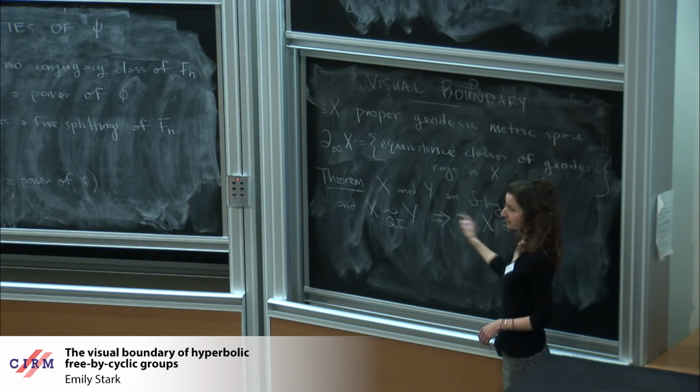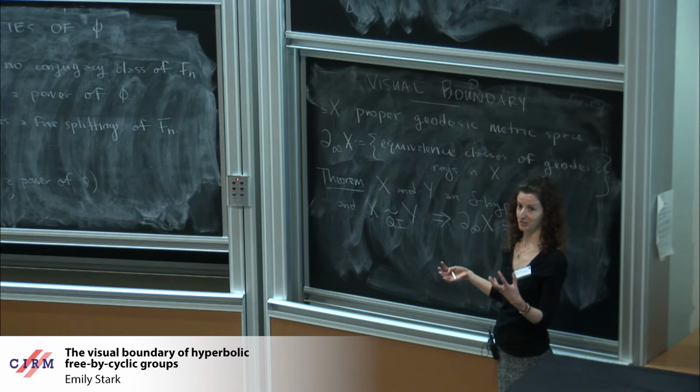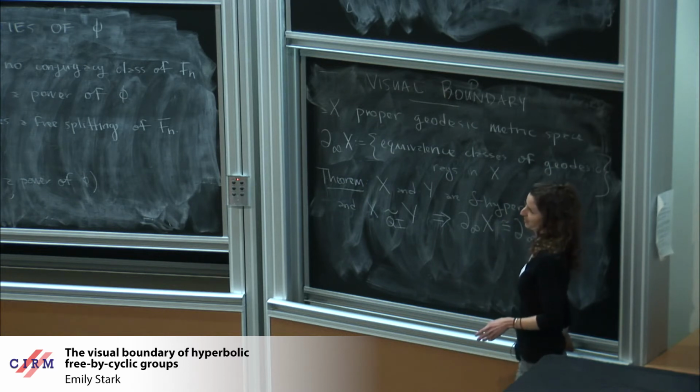The converse fails in general. However, there's a finer structure on the boundary called the quasi-conformal homeomorphism type, which is a complete quasi-isometry invariant, and the ultimate goal is to understand that structure. Although that won't come up anymore in this talk.